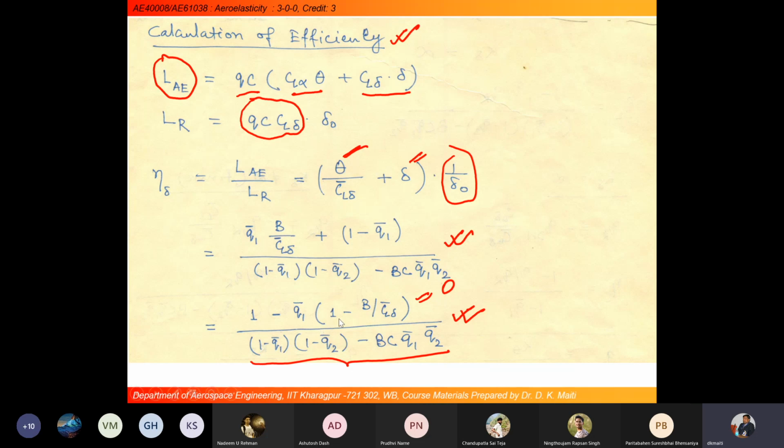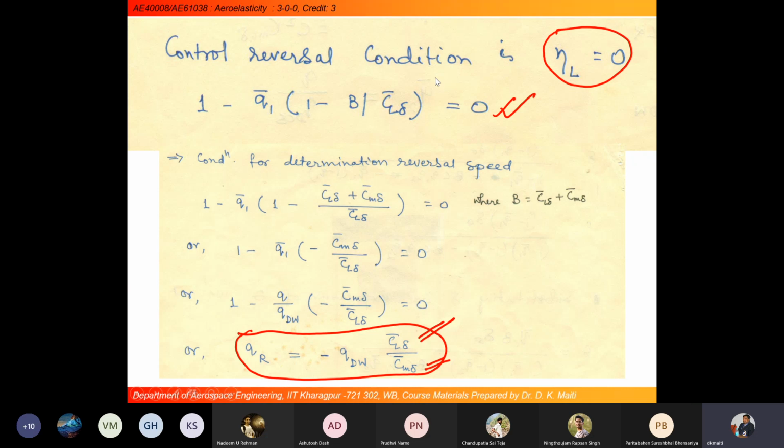So if you look at this expression, when the numerator part becomes zero, that is eta delta equal to zero, that will give us the condition for control reversal. That's what we got here.